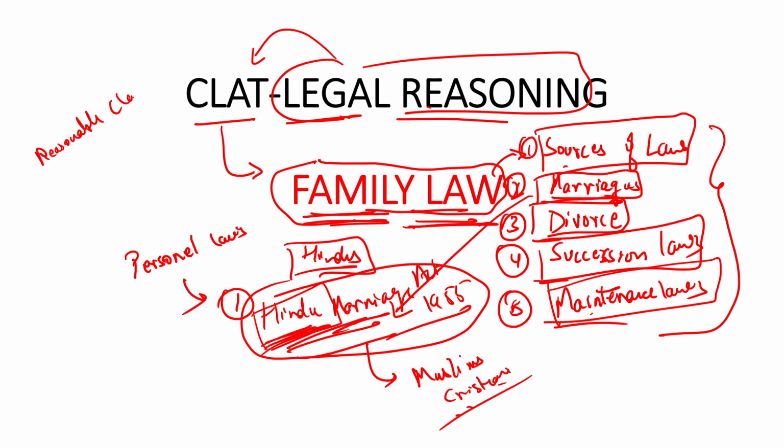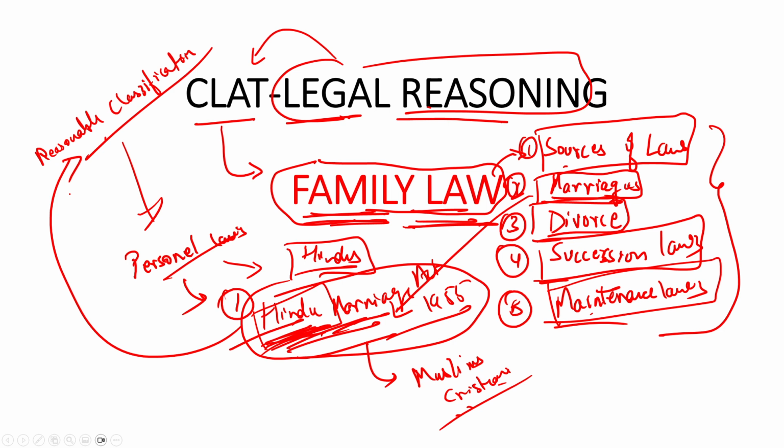So reasonable classification has to be there, and based on that reasonable classification itself, we have segregated personal laws according to the said legislations. So when we say Hindus, we have reasonably classified them.